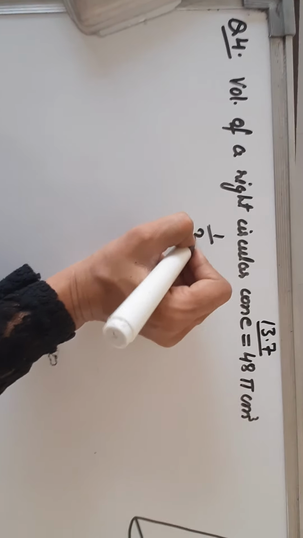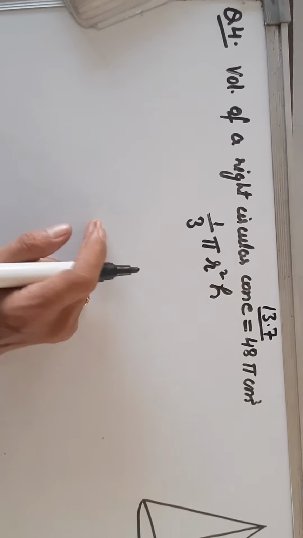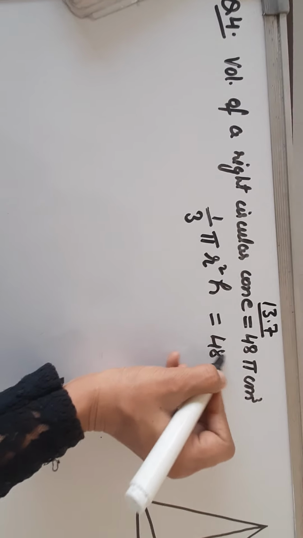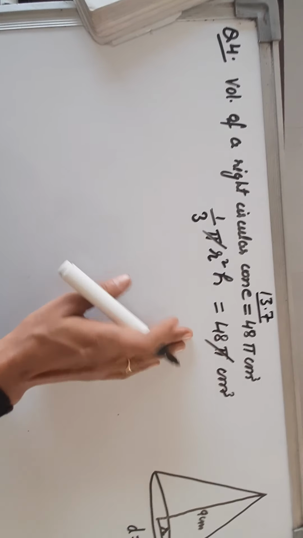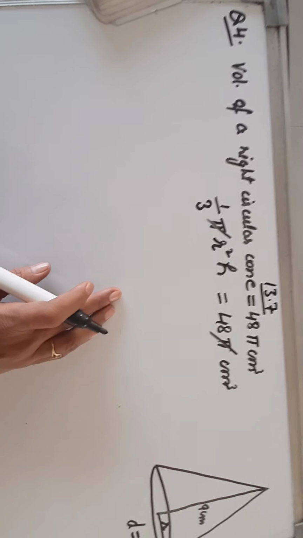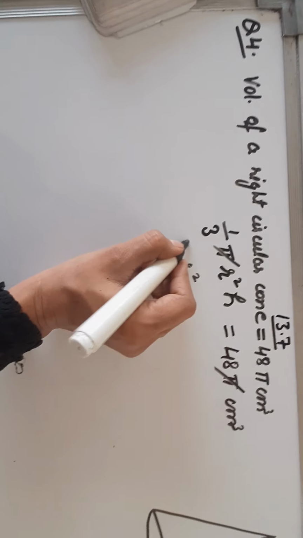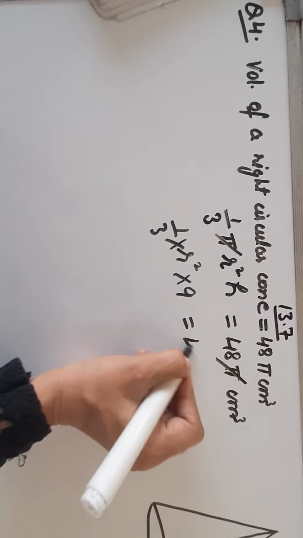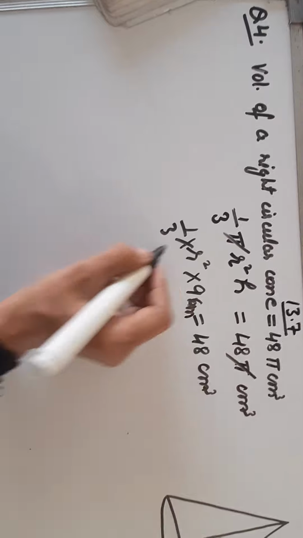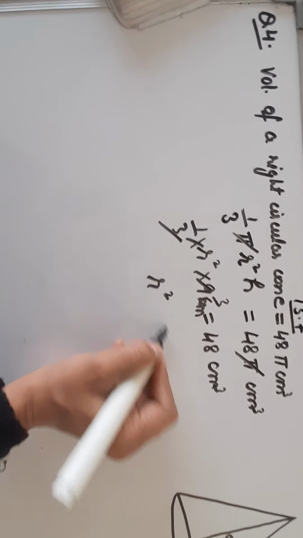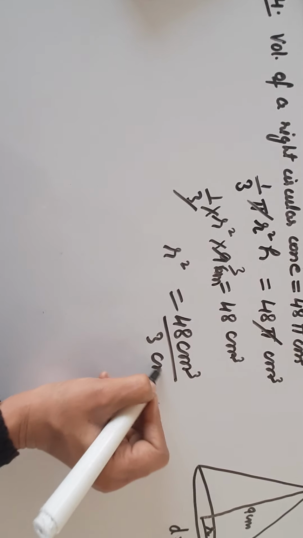So its formula is 1/3 πr²h, is equal to 48π cubic centimeter. So π can be cancelled out straightforward because there is multiplication on both sides. So let us solve. h is 9, and this 1/3 is equal to 48 cubic centimeter. So r² is equal to 48 cubic centimeter divided by 3 centimeter.